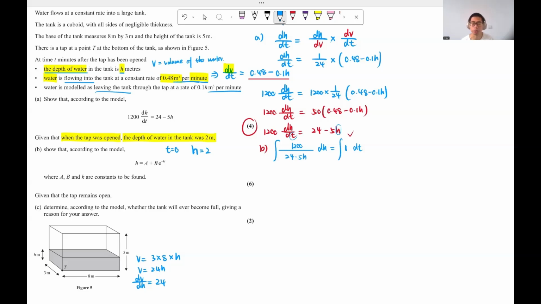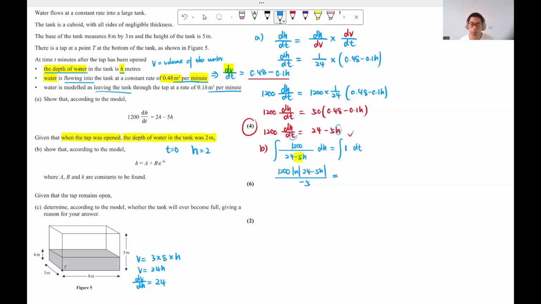So now we just have to integrate it one by one. 1200 is the coefficient, so just keep it as 1200. Then integrate 1 over 24 minus 5h. Since it's a linear expression, it will just be ln of 24 minus 5h, and then we divide by the coefficient of h, which is over negative 5.